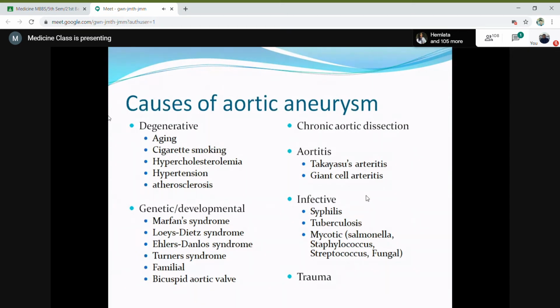This term mycotic aneurysm, mycotic means fungal, but this is a misnomer. It is generally caused by infection of the blood vessel by different bacteria, and sometimes it may be because of fungus as well. And the other rare cause includes trauma to the aorta.